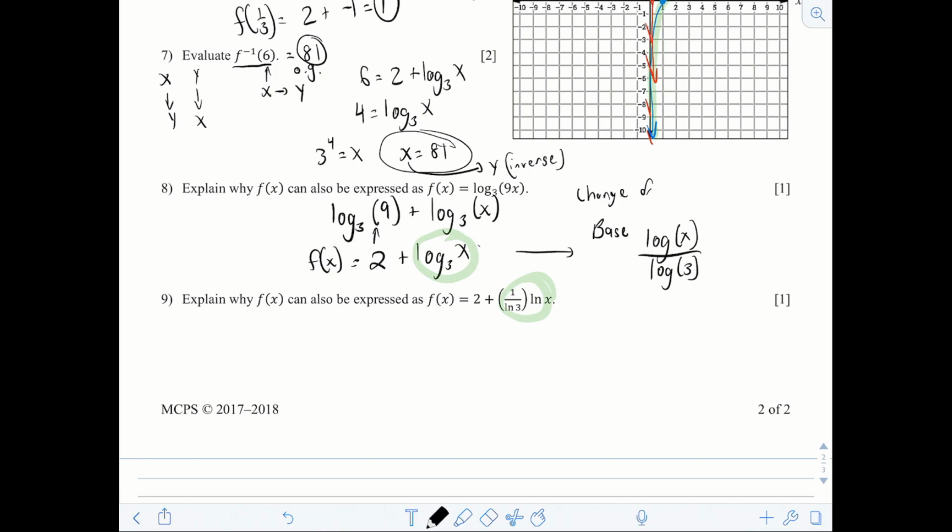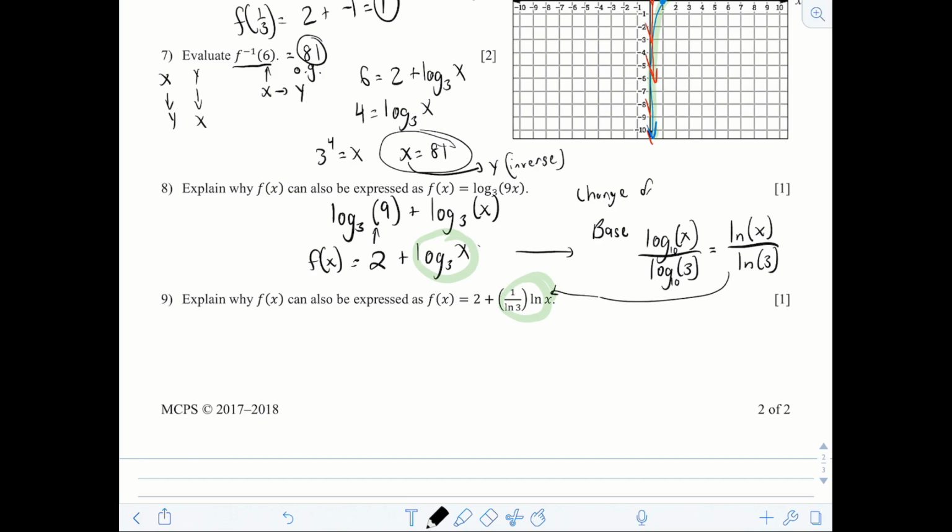And really, there's another version of this. So this is really a log base 10, isn't it? So actually I could do this with any type of base. So I can also do it with ln, which means that's a log base e of x over ln of 3.